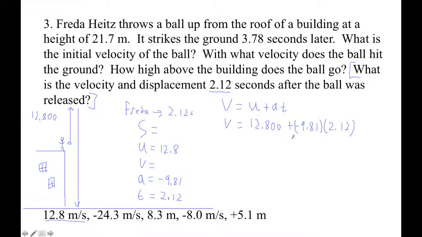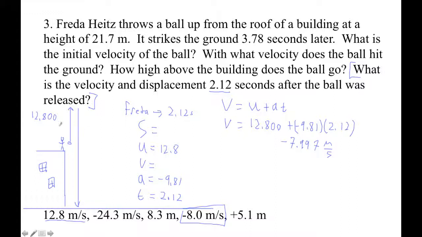And I'm getting negative 7.997 meters per second. I'm using an unrounded version of this; I've got it stored in my calculator. With 3 sig figs, we'd say negative 8.00. So there's our velocity.